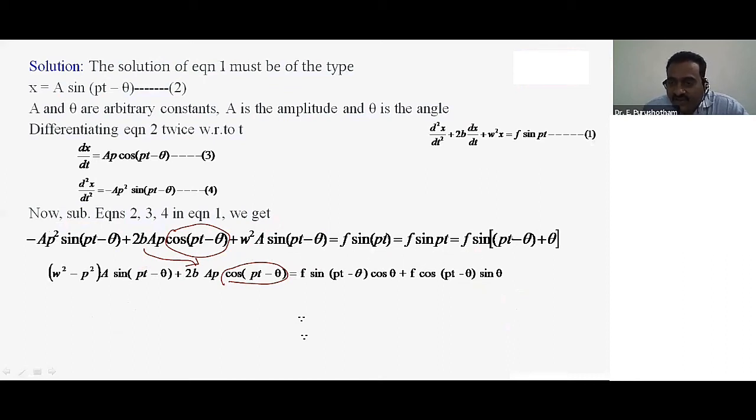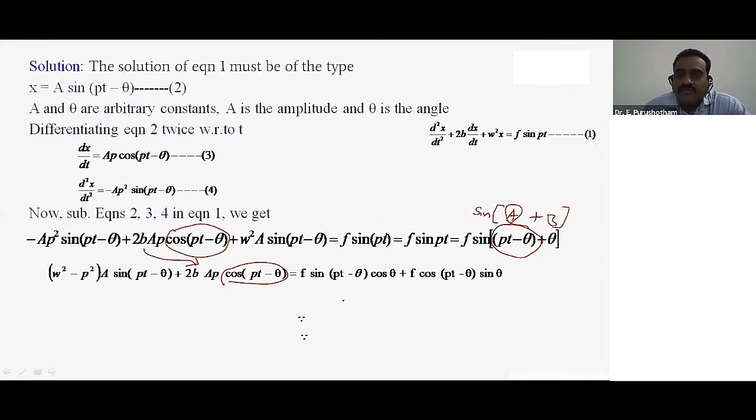Now, sin of (a + b) is sin a cos b plus cos a sin b.